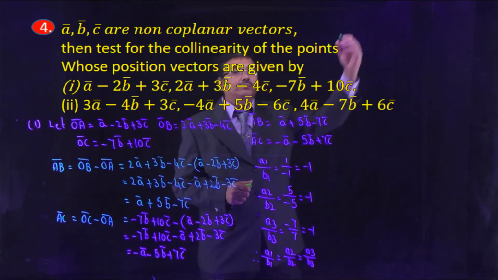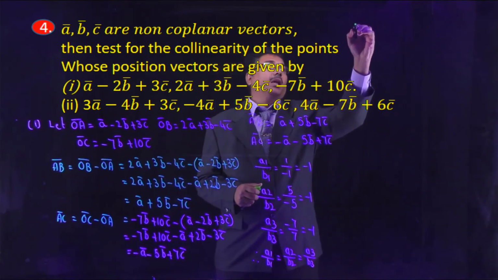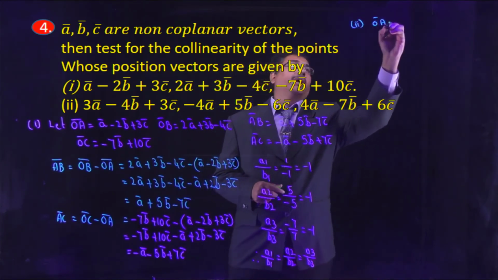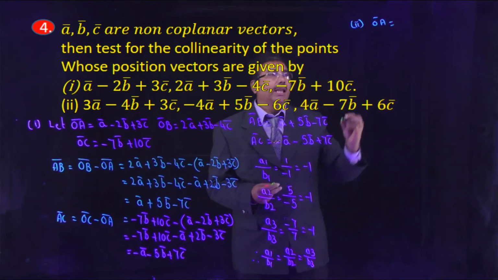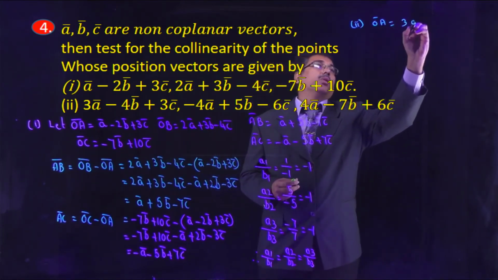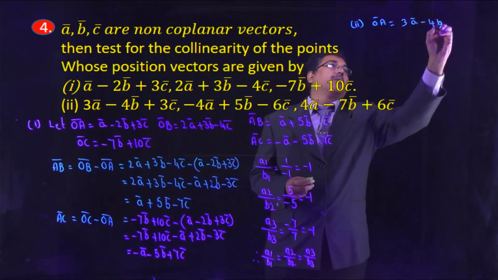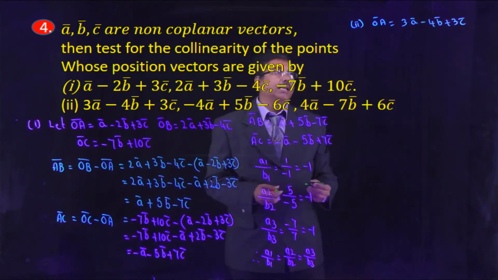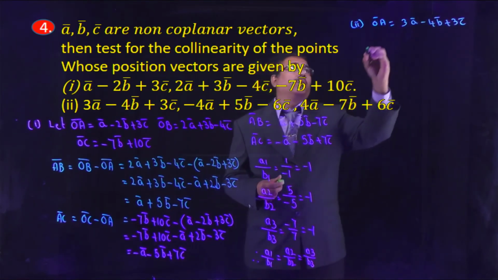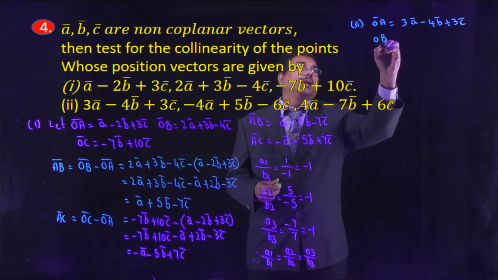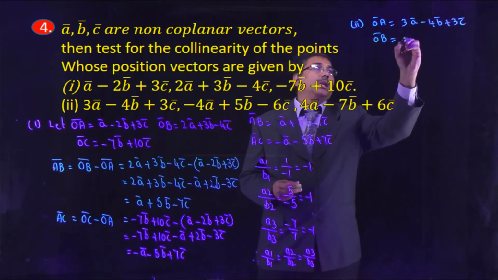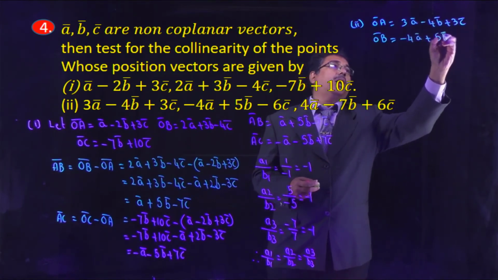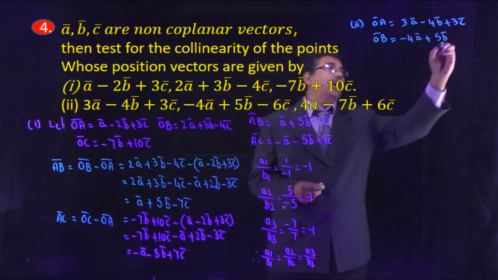The second bit here. What is OA bar in the second one? OA bar is equal to 3A bar minus 4B bar plus 3C bar. Now OB bar is equal to minus 4A bar plus 5B bar minus 6C bar.